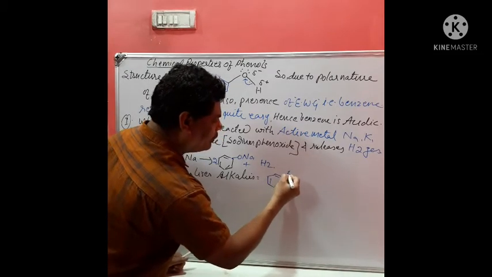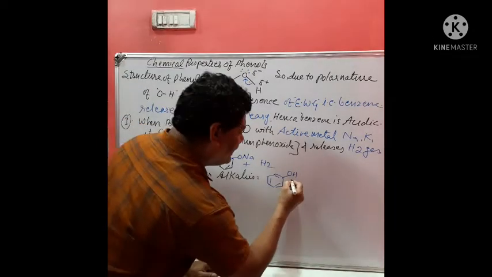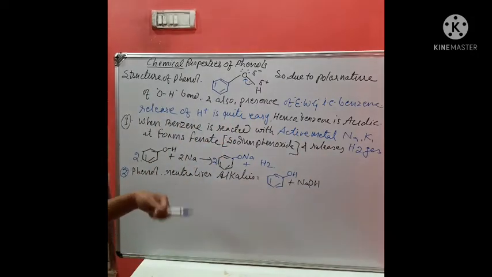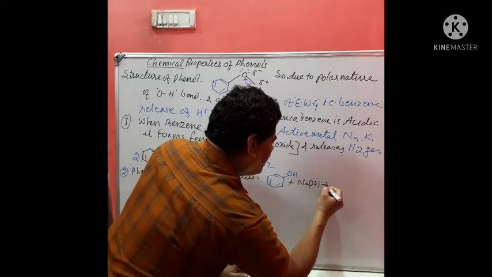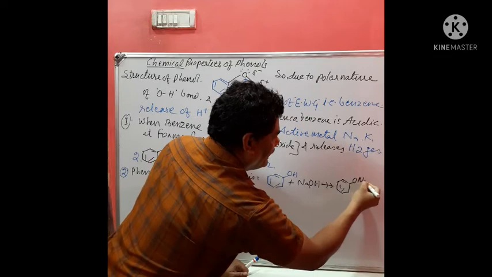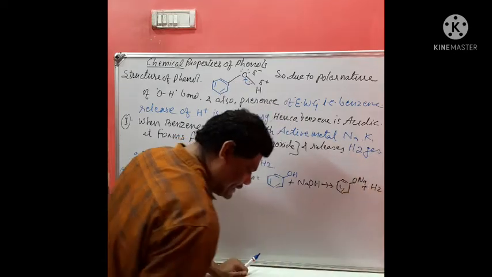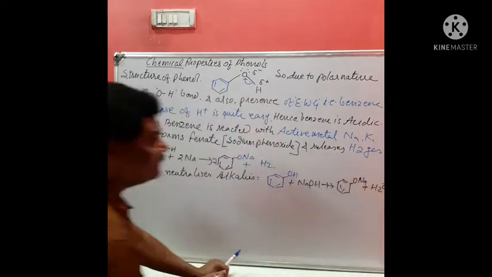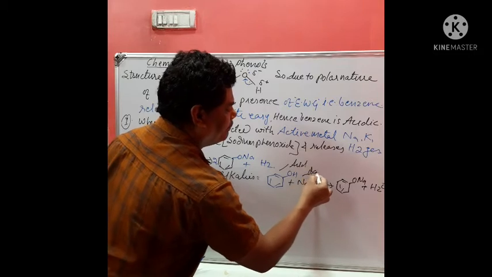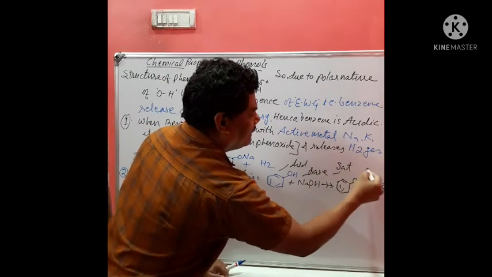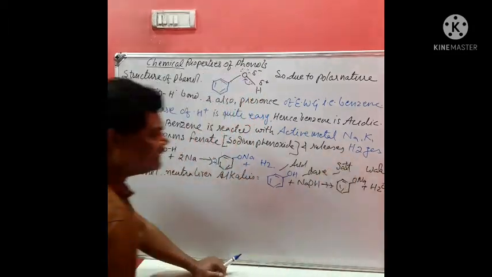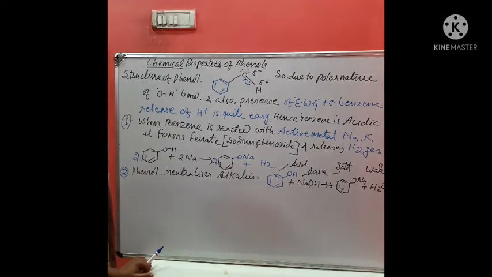You can write here OH, and when we react it with NaOH, then it will become again phenate, ONa plus H2O, water. So the neutralization means what? Here it acts as acid, this becomes base, this becomes salt, and this one is water. Okay, salt and water, so this is simply a neutralization reaction.